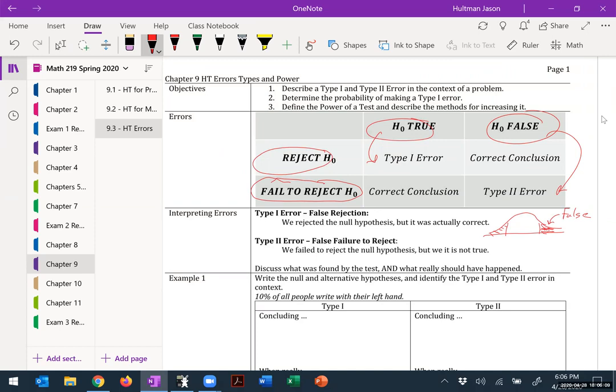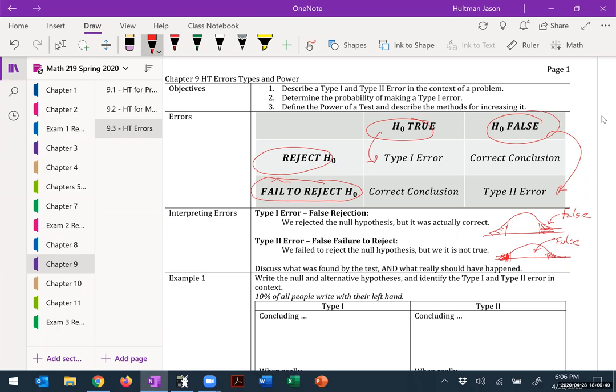So we fail to reject, which means that we were actually here in our value, and our area of rejection was just not large enough. It was too small. We failed to reject because we were not in the area of rejection.